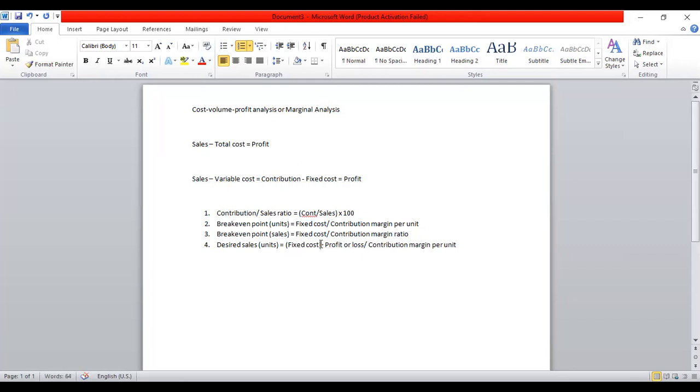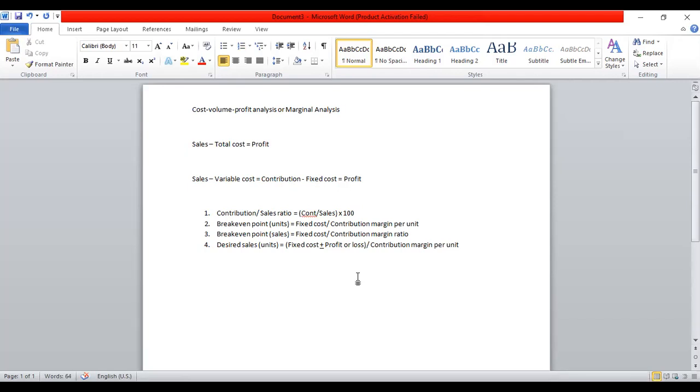So desired sales in units is equal to fixed cost plus or minus profit or loss, divided by contribution margin per unit.